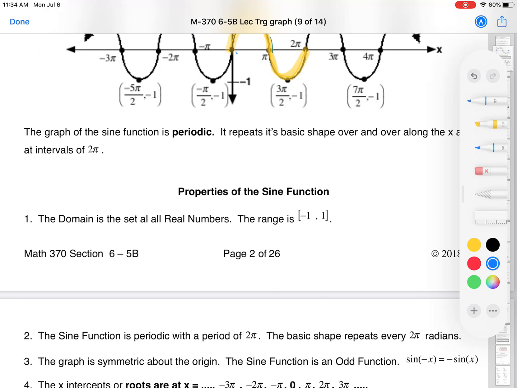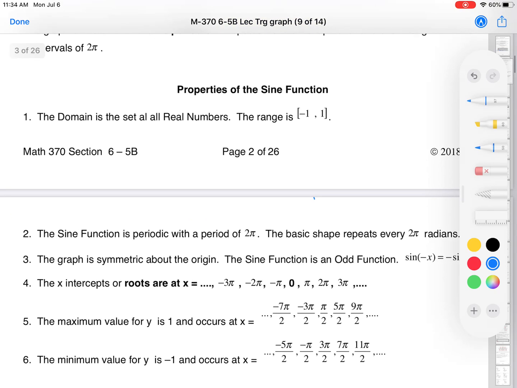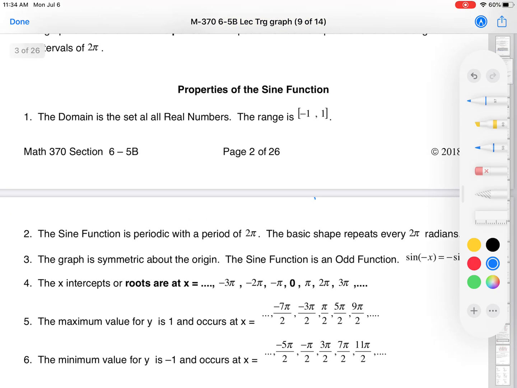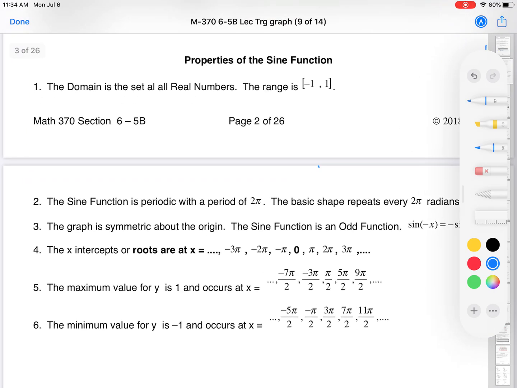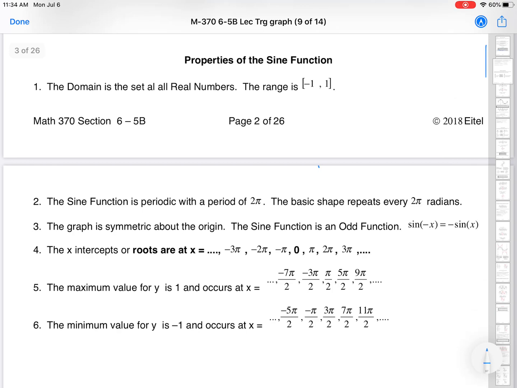It's periodic. The domain is all real numbers. There's no limit to what you can take the sine of. But the range, it's only going to spit out values between 1 and -1 because of its periodicity. You can see that it has a period of 2 pi and that it's going to have x-intercepts at all the multiples of pi, whether they're positive or negative multiples.